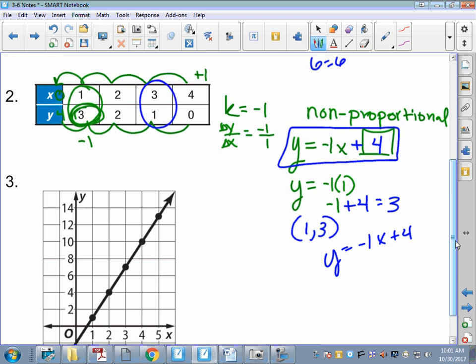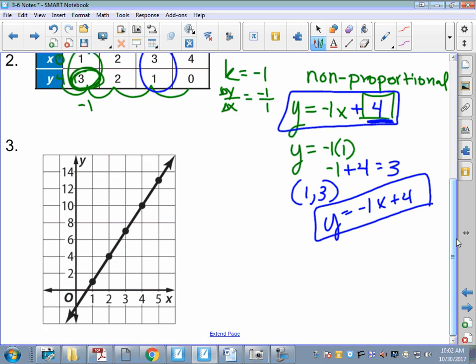When I plug in 3 for x, -1 times 3 is -3. -3 plus 4 is 1. So it works. So you want to use one ordered pair to write the equation. And so you're just kind of guessing and checking for that 4 value. You're saying, okay, I got -1. How do I make -1 turn into the 3 that's in the table?